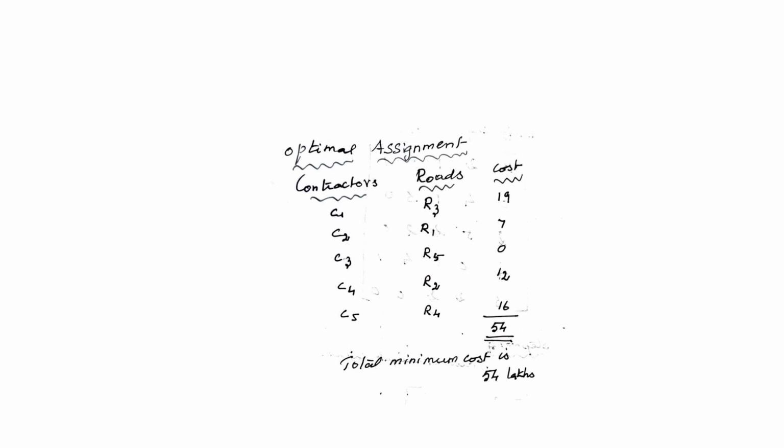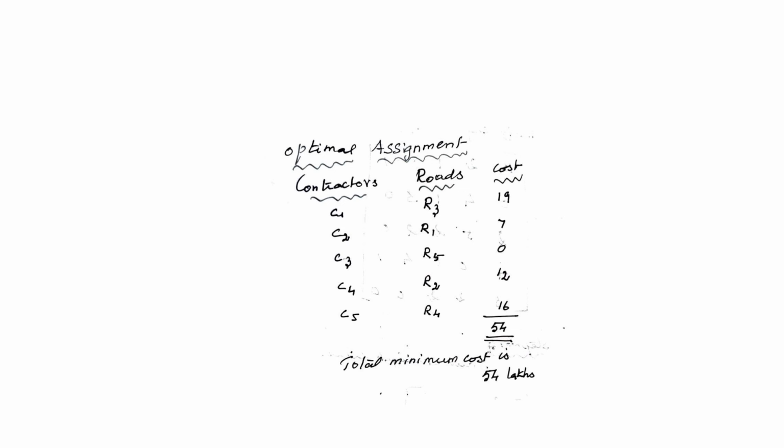Then finally, here you see, in the first row we are giving the assignment in the third column. Second row we are making the assignment in the first column. Third row, in the fifth column.